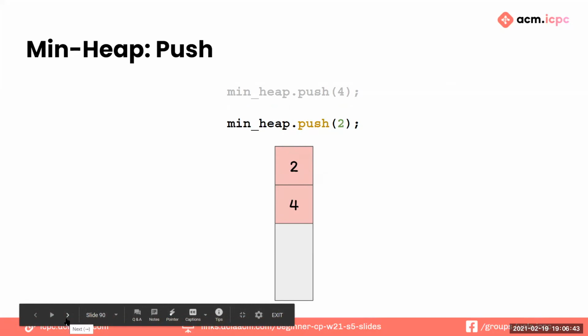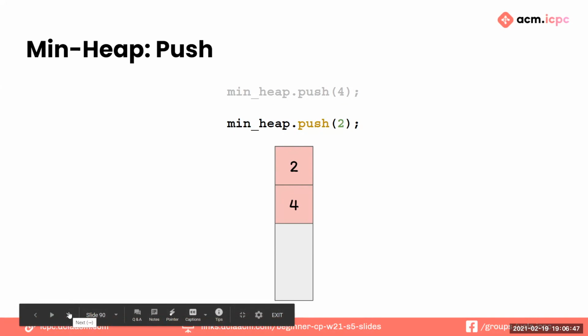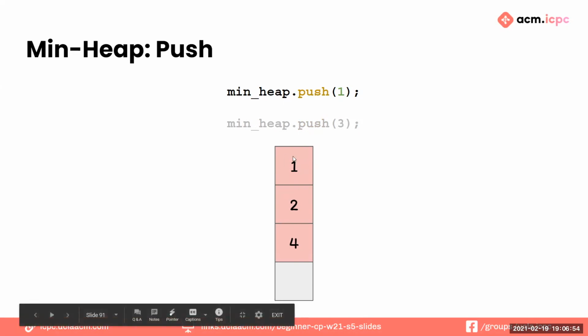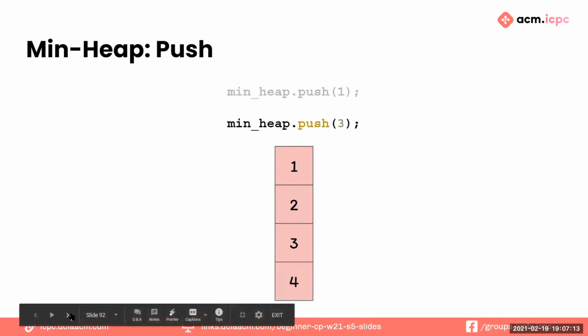If we push in 1, since 1 is less than 2, 1 is going to have greater priority than all of them, so 1 goes on top. Last, we push in 3, and because it doesn't have as much priority as 1, since it's greater than 1 and also greater than 2, but it's less than 4, 3 is going to go in between 2 and 4.